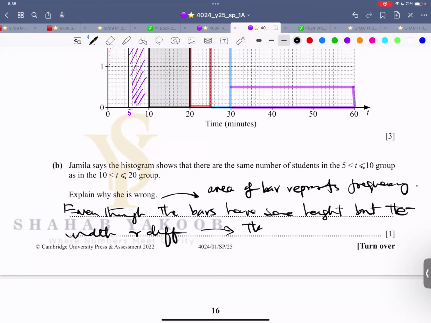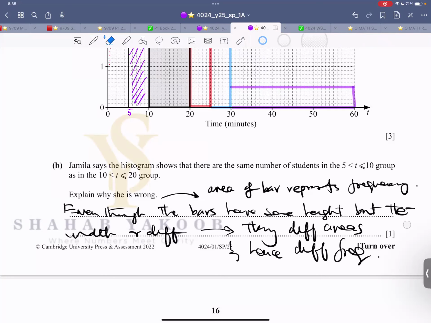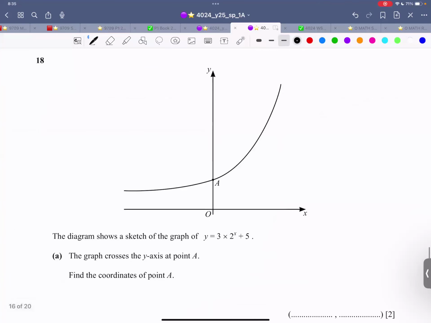Therefore, they have different areas and hence different frequencies. That is how you have to explain that. All good, all clear? So this thing is done. The widths are different.